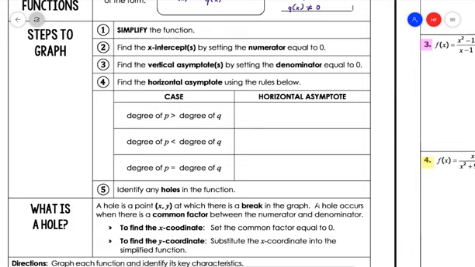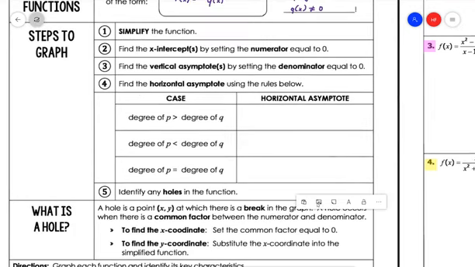using the rules below. So the rules written out in this table are not my favorite way of seeing the rules, but I'll write them here in the table so you can have them, and then we'll go over how I remember the rules. So if the degree of p, the one on top, is greater than the degree of q, remember the degree is the highest exponent.